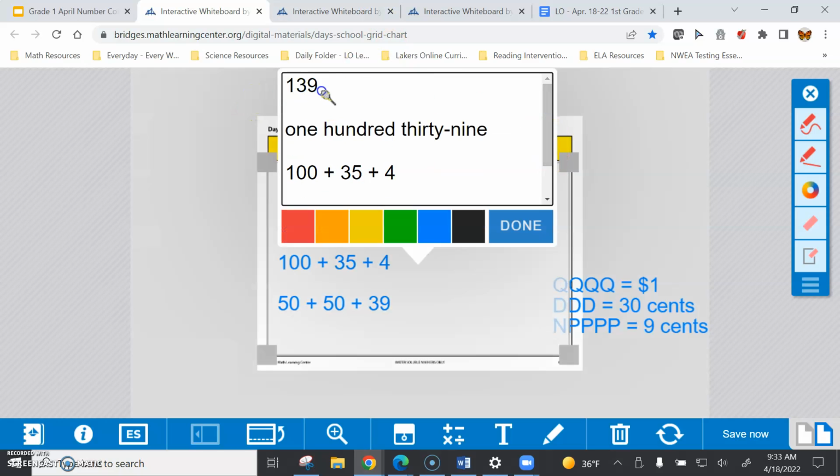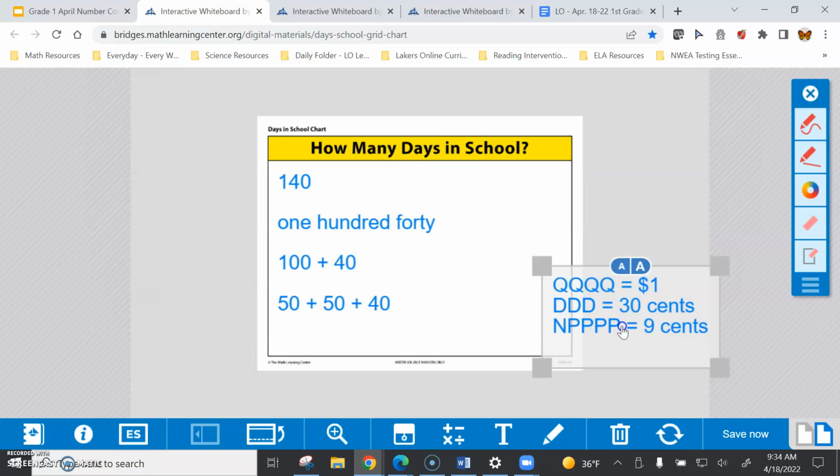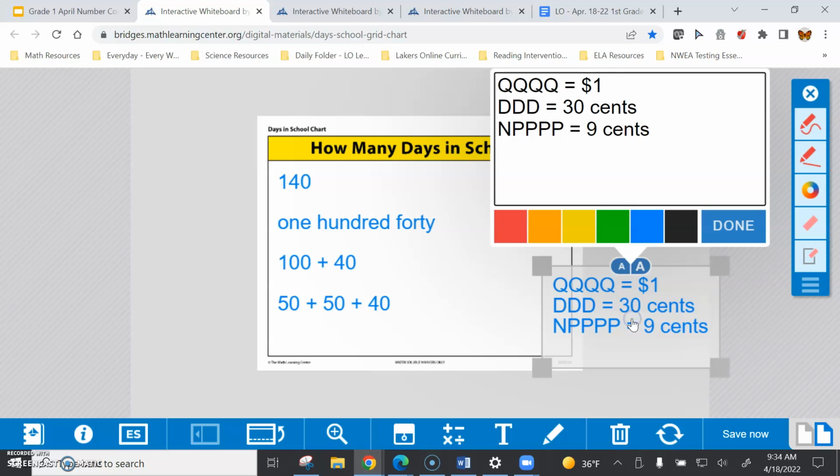Let's see if we can show how we would represent 140 in different ways. 140 as a number, 140 as a number word, then we have 100 plus 40. And then for our coins, oh my goodness, we get to do something amazing.